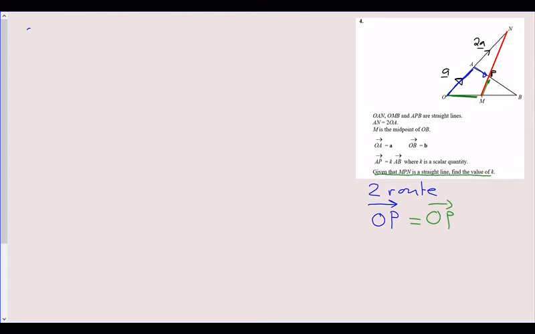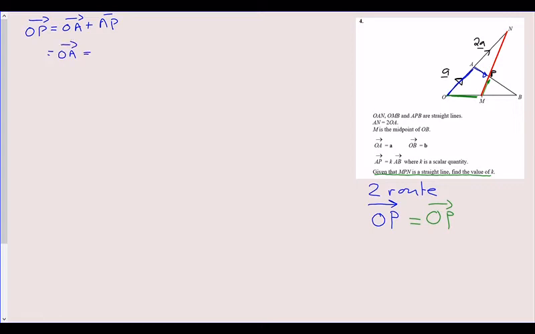So OP is equal to OA plus AP. Now, I don't know what AP is, but I know it's a fraction of AB.